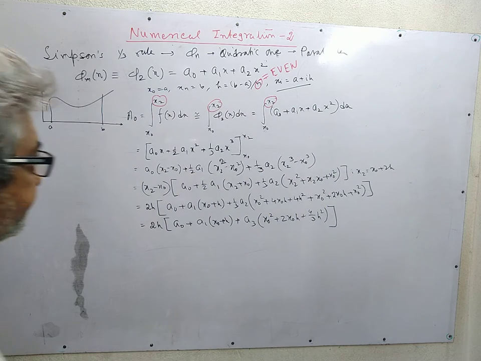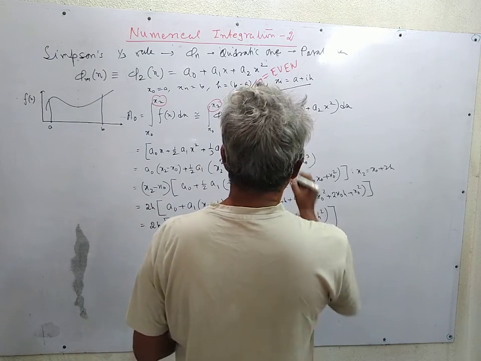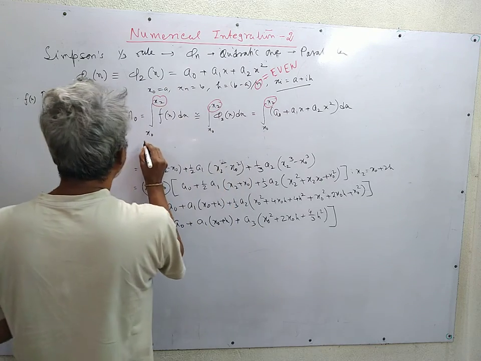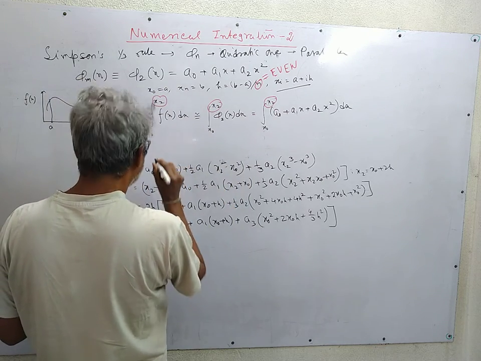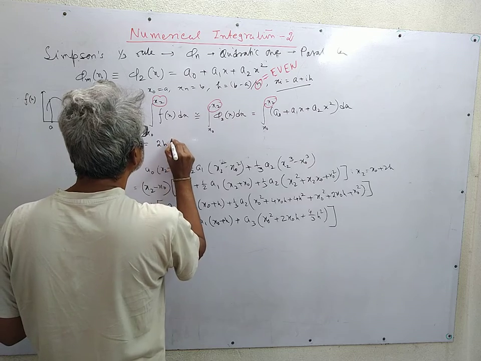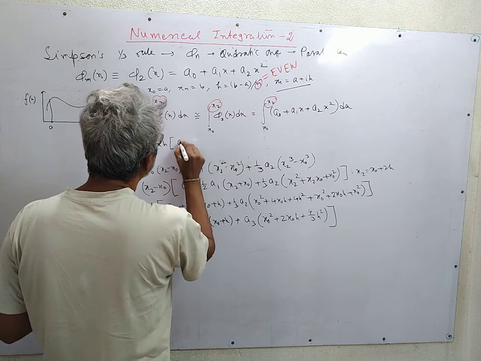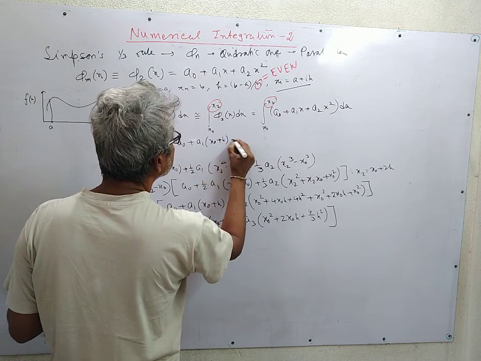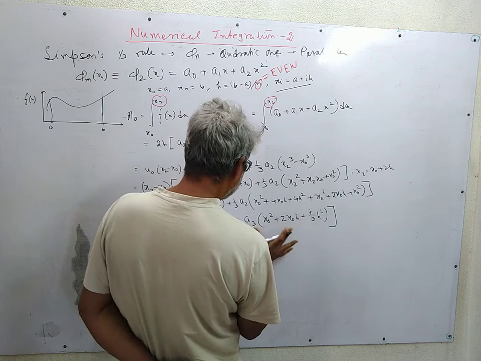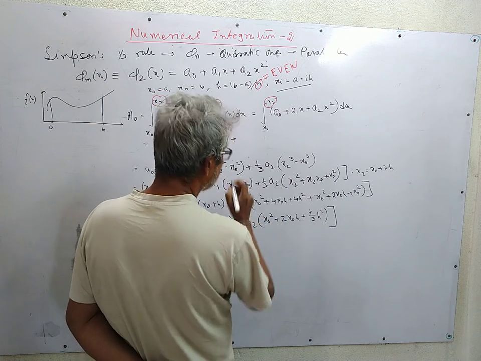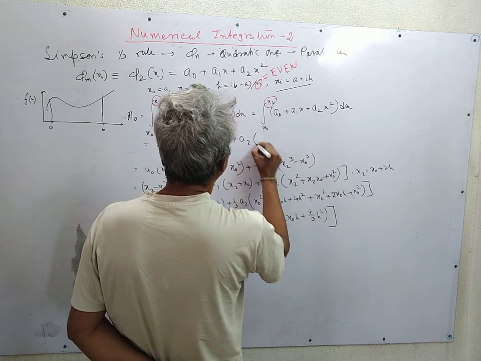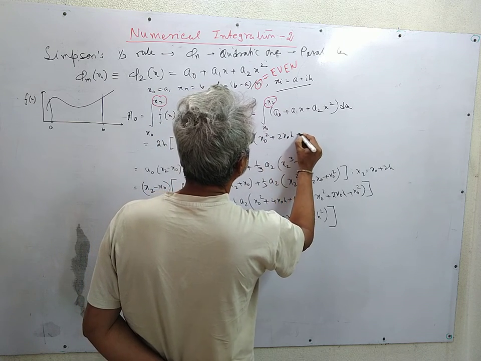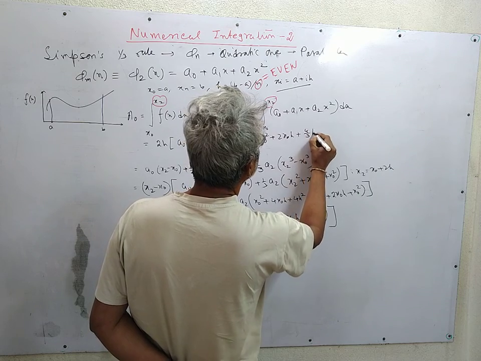So we rewrite this final result: twice h times [a0 plus a1 (x0 plus h) plus, sorry, this is a2 times (x0 square plus twice x0h plus 4 by 3 h square)].